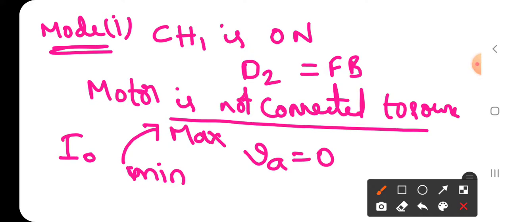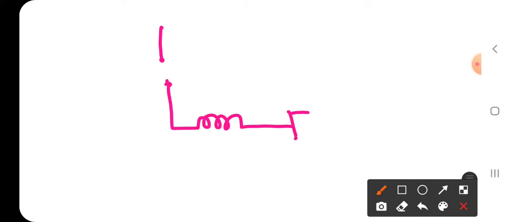This is mode 1. If you see the circuit for mode 1, there is CH1, the inductor, the motor and D2.